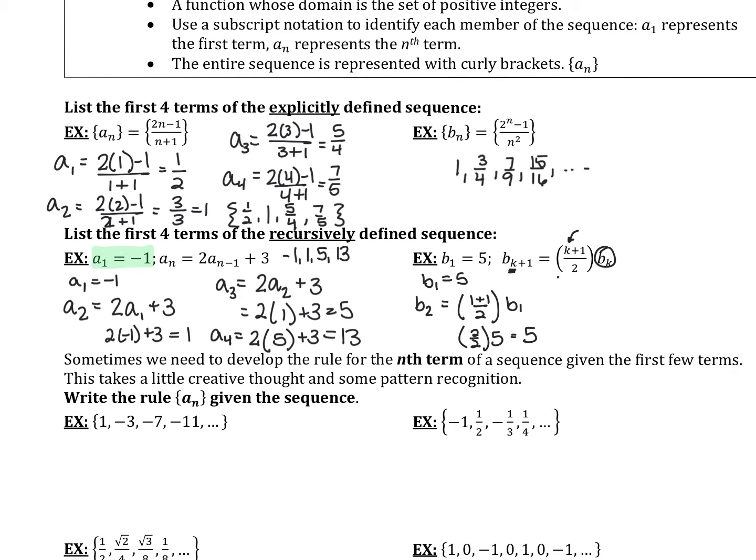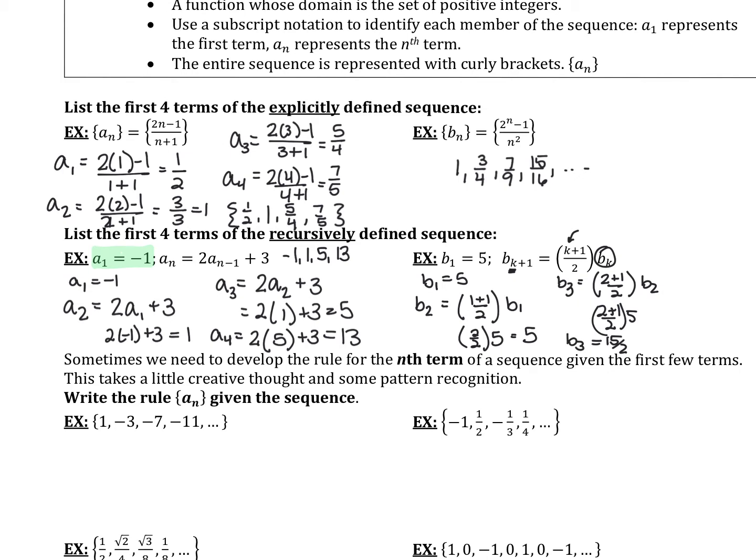Now do it again. b sub 3 would be like saying 2 plus 1 over 2 times b sub 2. I know b sub 2 is 5, so I would have 2 plus 1 over 2 times 5. That would give me 3 over 2 times 5, or 15 halves would be b sub 3.